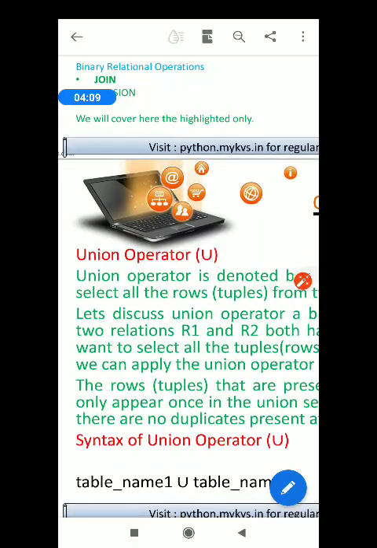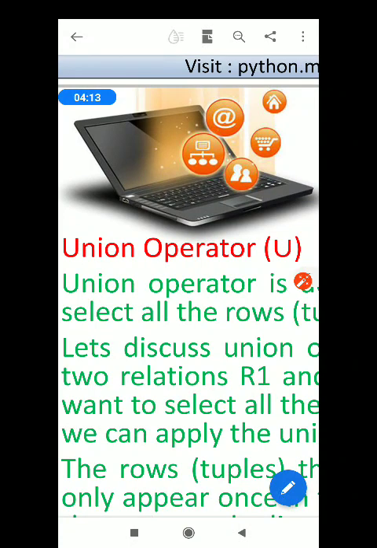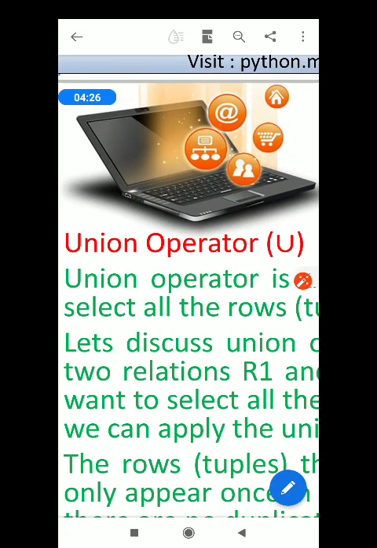So first one is union operator. Union is from set theory. Say you have two tables. So if you are doing the union operation in between those two tables, that means you are taking the tuples from table number 1 as well as table number 2.